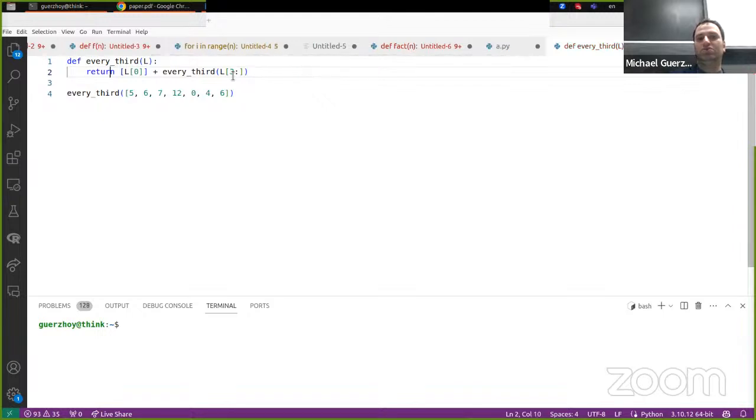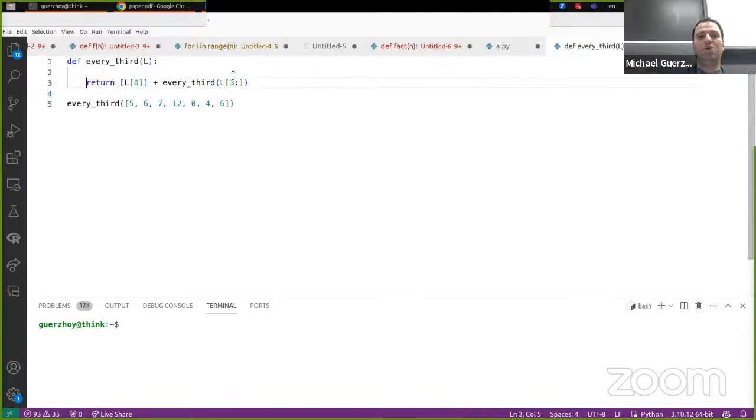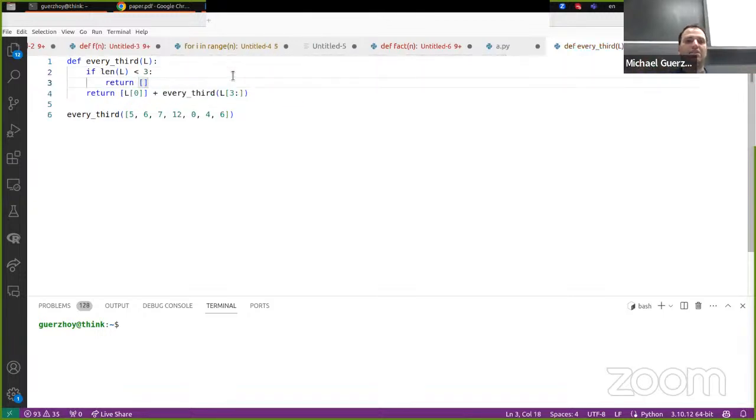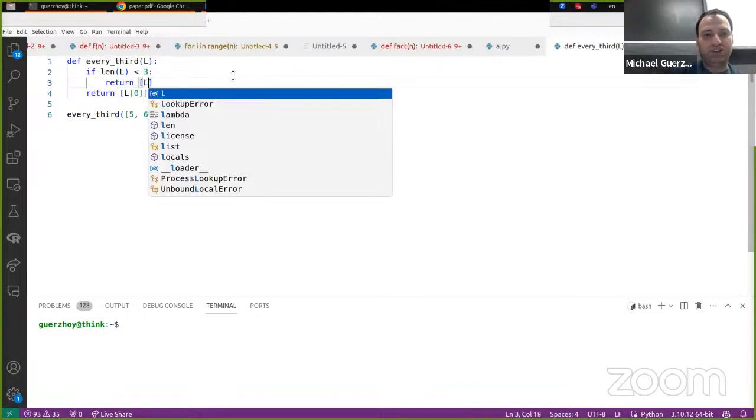So take the list, and it will consist of L at 0 and then every third starting from element 3, down the road. And now we need a base case. So if the length of L is less than 3, then we just return the first one, so return L at 0.